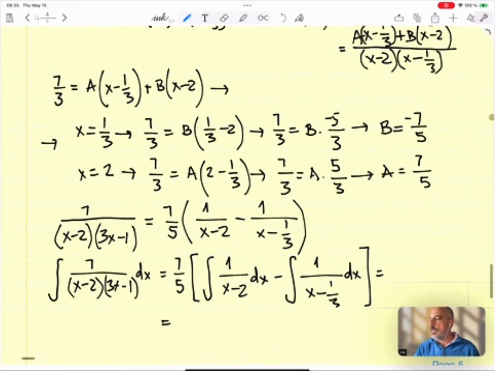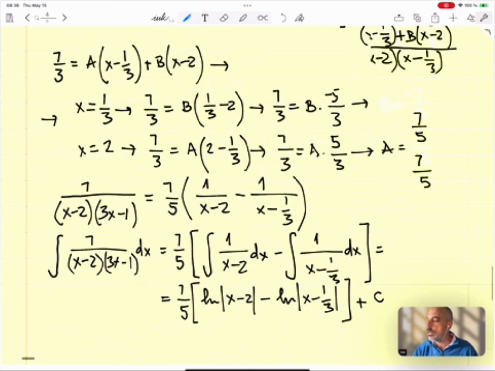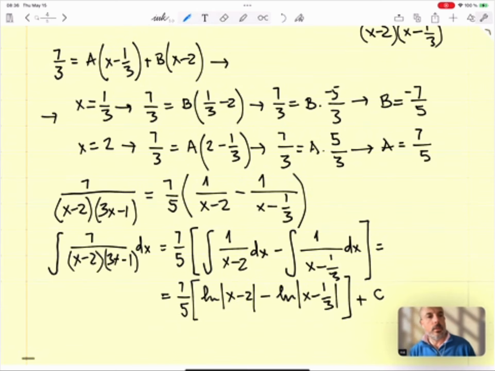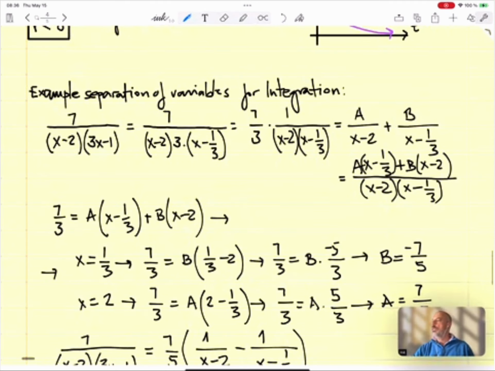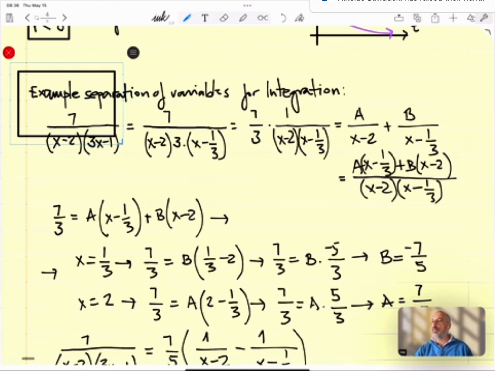And this is 7 divided by 5 times (logarithm of x minus 2 minus logarithm of x minus 1/3) plus a constant. So this is basic calculus. I guess this is from the first semester, but in this case necessary to describe the dynamics of the system.